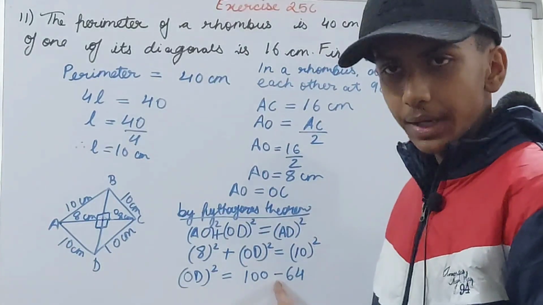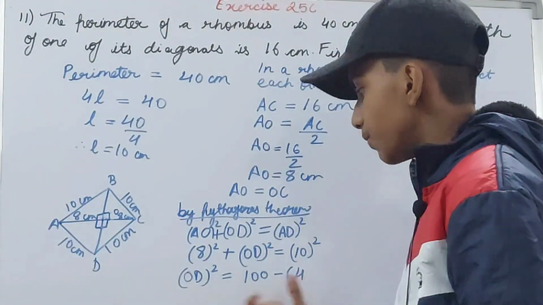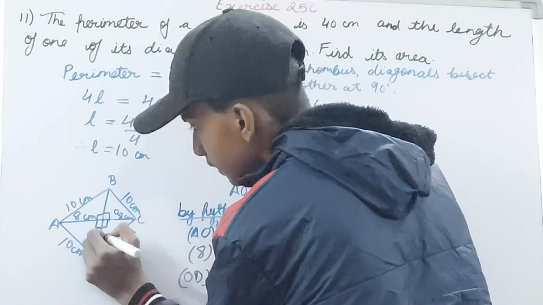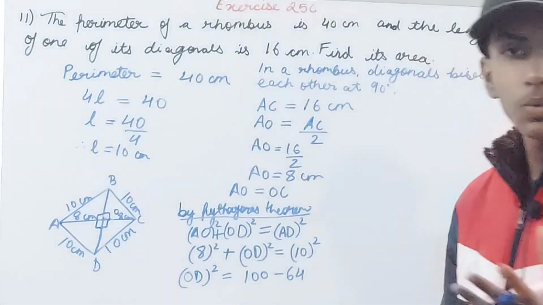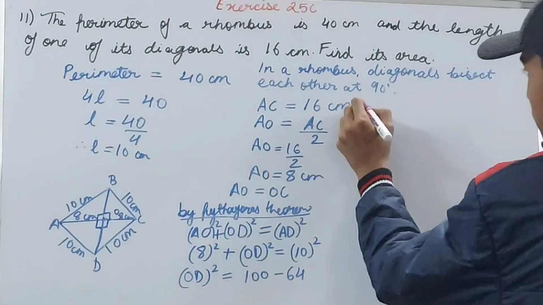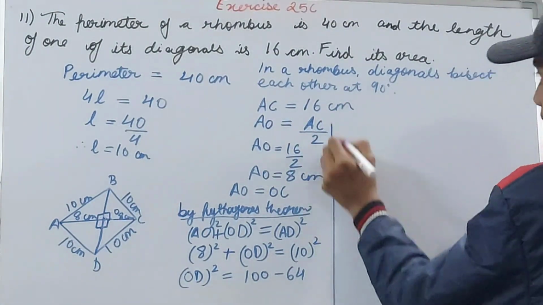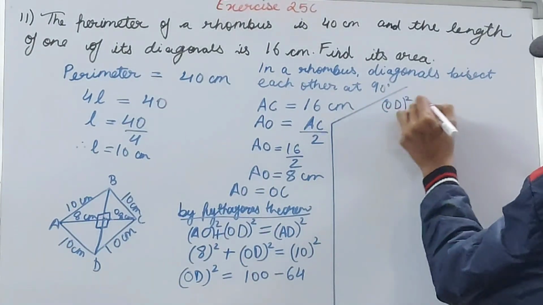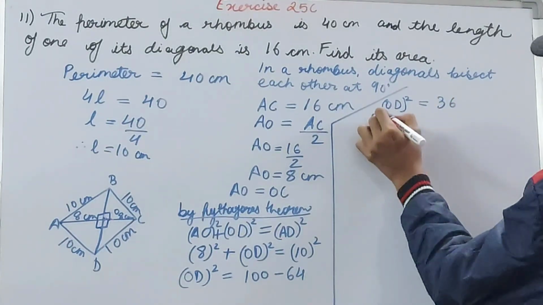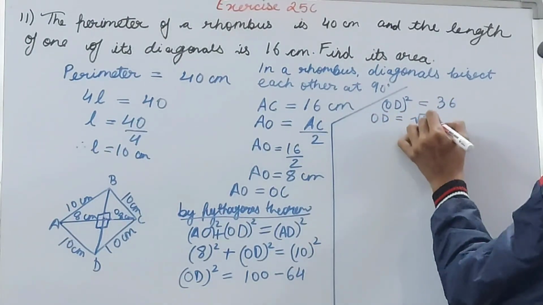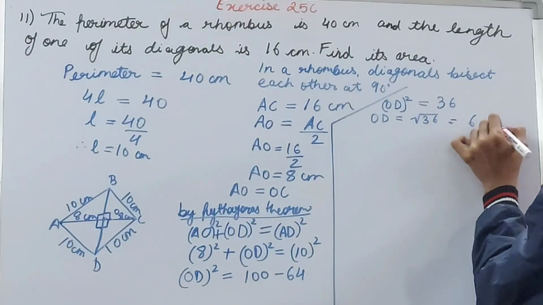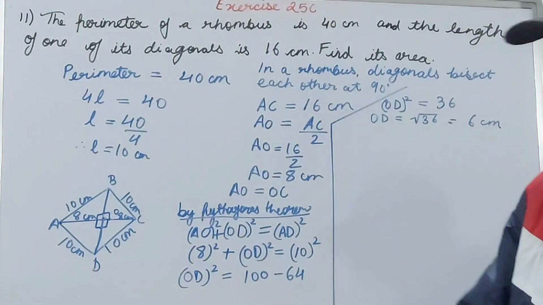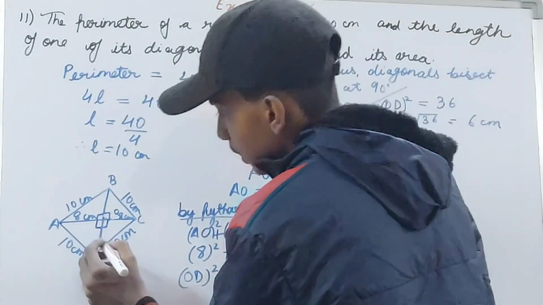Plus becomes minus when it goes to the other side. So OD square comes out to be 36. So OD is equal to the root of 36, which is 6 centimeters. One very important thing we have calculated.